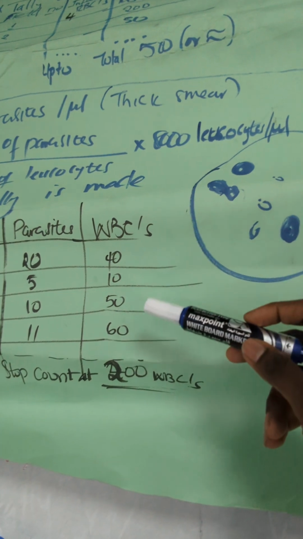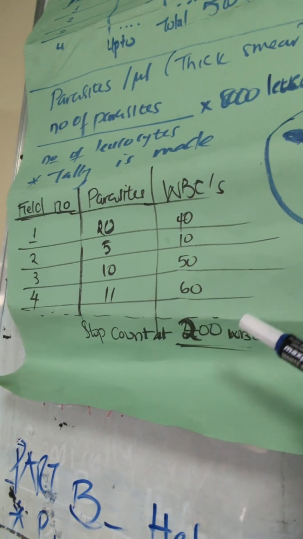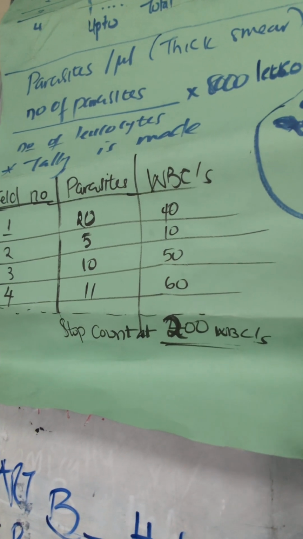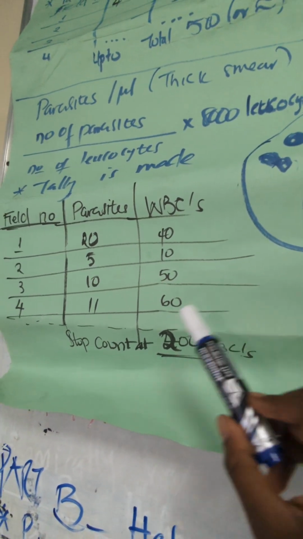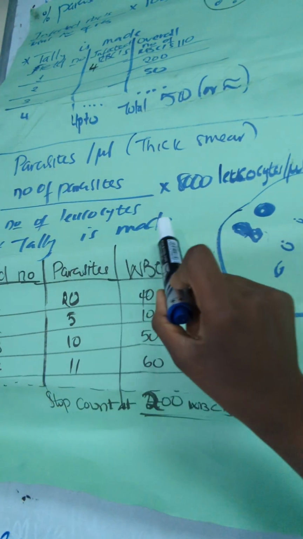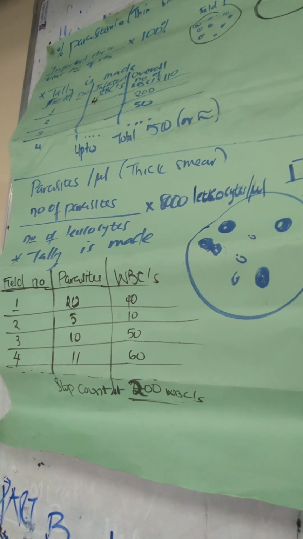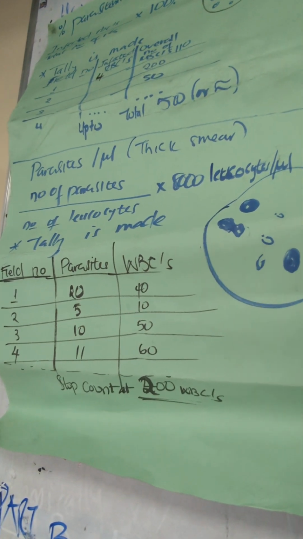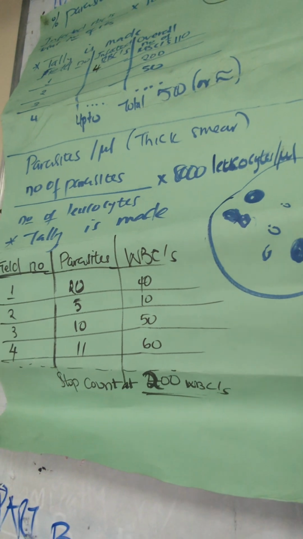You continue this process up to the cumulative total of 200 white blood cells, and you stop, and then you see how many parasites are in 200 white blood cells, and you feed that into the formula. That formula we were given in class, in the session, and I explained how to use it, where this value is coming from and so on.